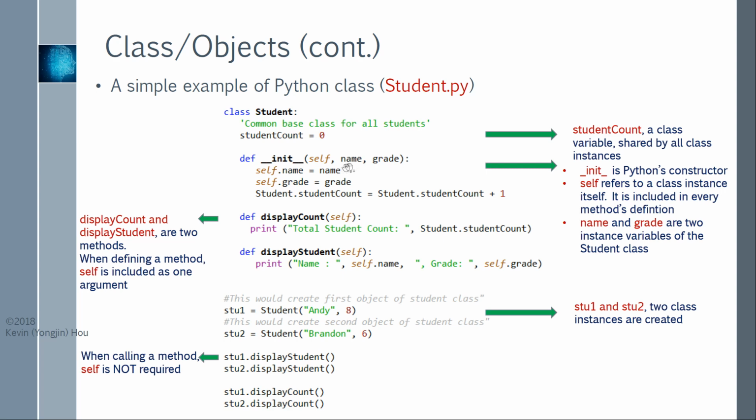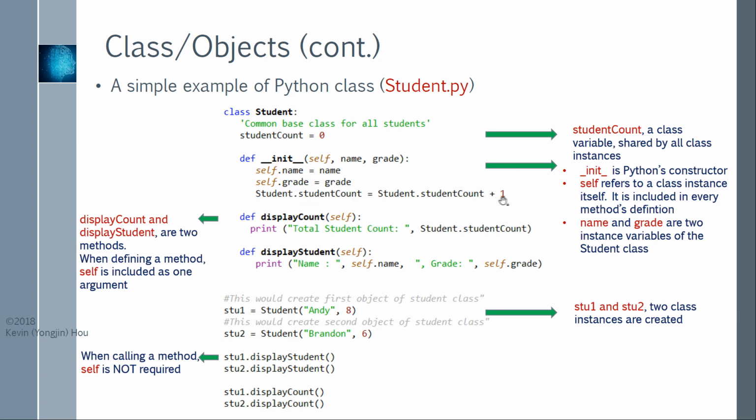So when those arguments are passed to the constructor, the class has two instance variables called name and grade, which take their values from the arguments respectively. So that's how the constructor is invoked, and how the two instance variables are assigned values within the constructor body.